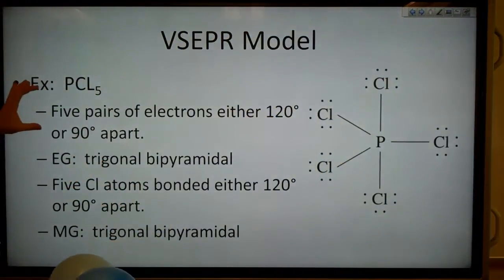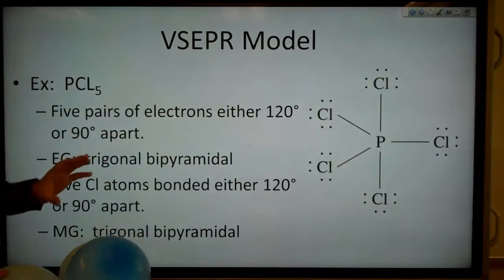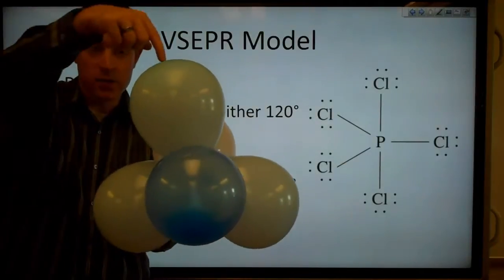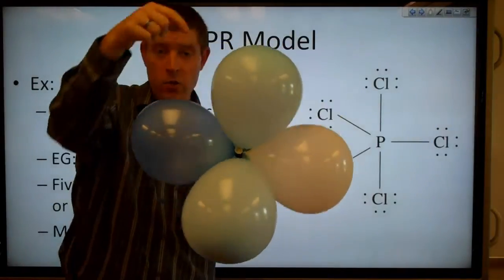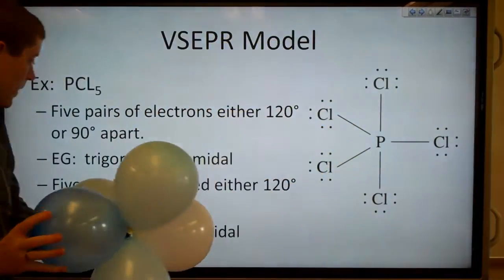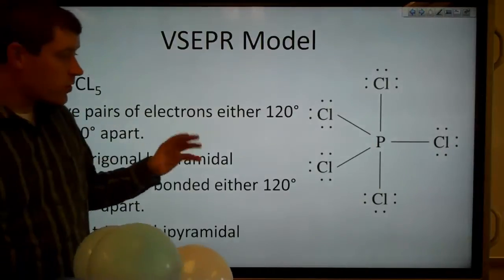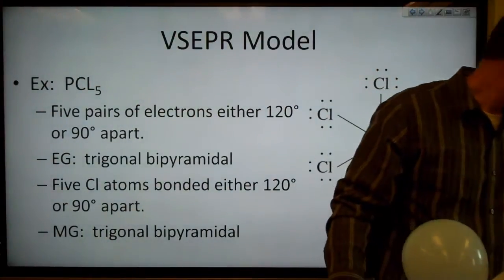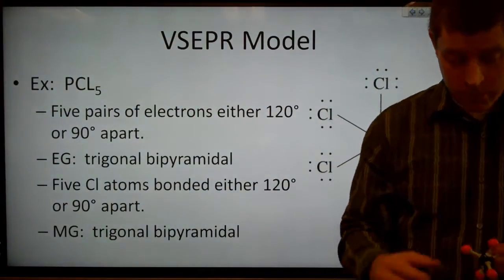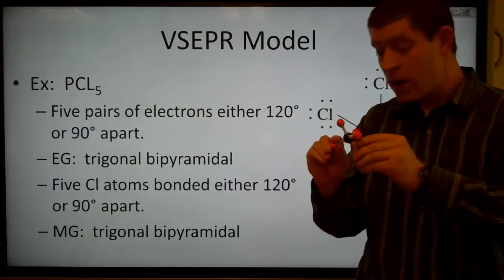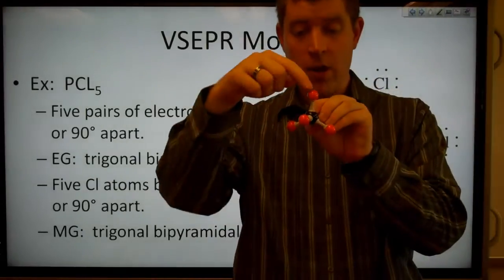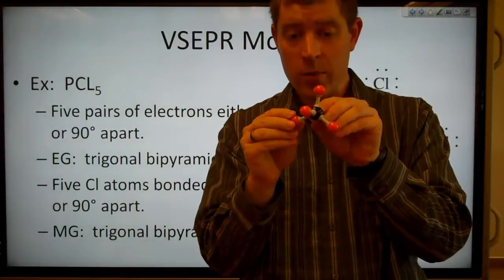So we've got 5 pairs of electrons, and they're either 120 degrees apart, as these 2 balloons are, or they're 90 degrees apart, as these 2 balloons are. And this sort of structure is called trigonal bipyramidal, because we have 2 pyramids. So it's trigonal pyramidal in that we have a 3-sided pyramid. Right?